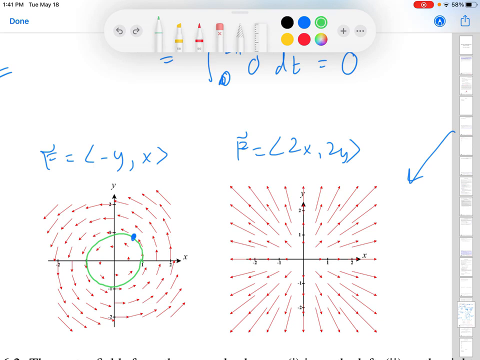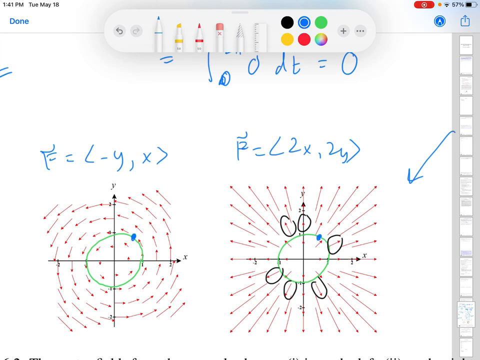If I draw a circle here, the unit circle, you can see what's happening, which is that all of the vectors are everywhere perpendicular to this unit circle. So if I place a bead on the circle, like right here, and then I ask, is it going to move?